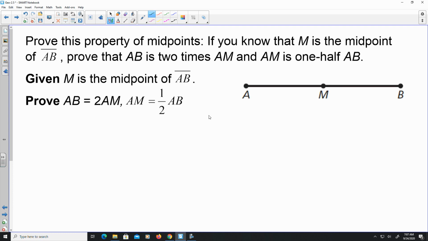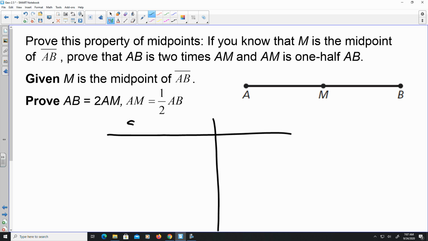All right, so here it says prove this property of midpoints. If M is the midpoint of AB, prove that AB is 2 times AM and AM is 1/2 AB. So they're looking for two things for the proof. They're telling you that M is the midpoint of AB, so that is a given.